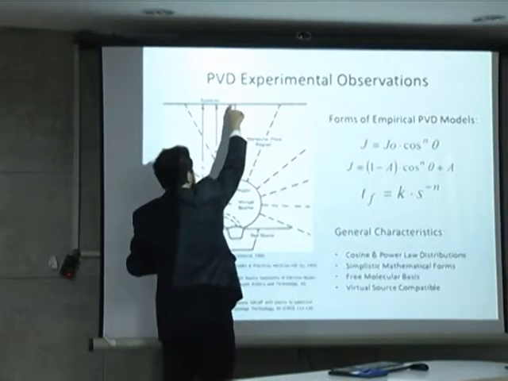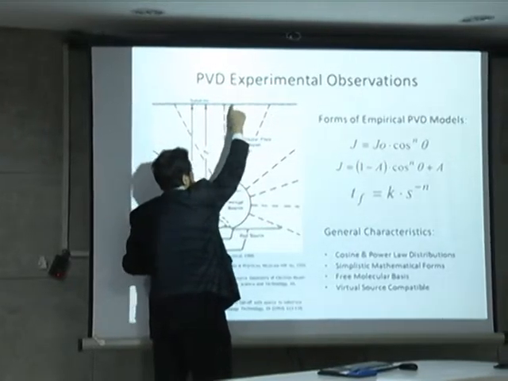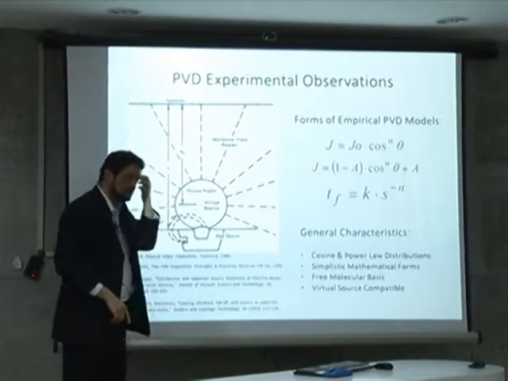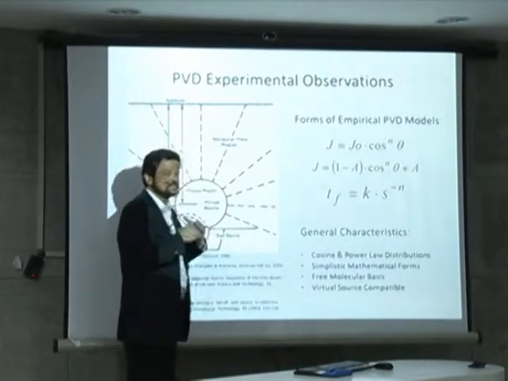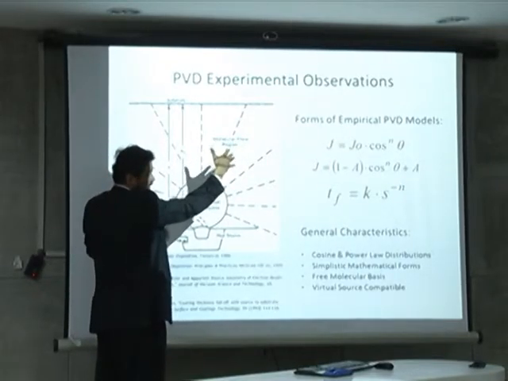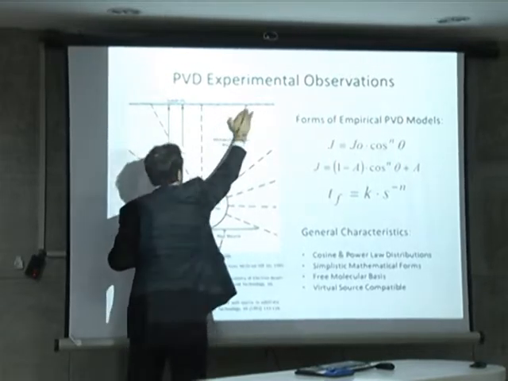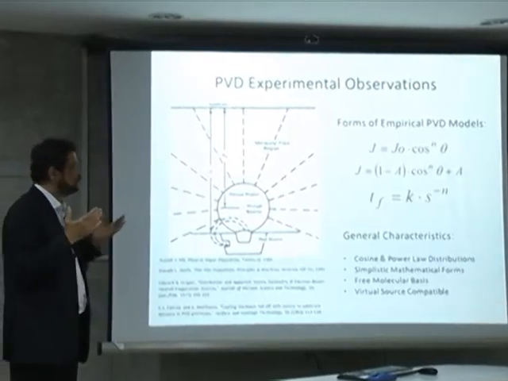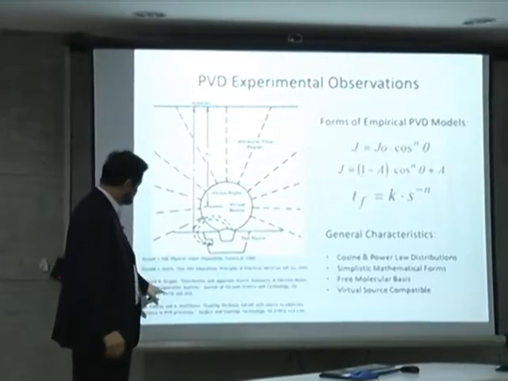If this is 1 unit, or if it is normalized with this one, then it will go on decreasing like this, and decreasing like this, and so on. And if you put the power n, then it becomes of different shapes, so that if n is 2 or 3 or 8, then it will go down very quickly or very slowly. That is one way of modeling the process. This is how the mathematical model was made. That was a long time ago, 1973.